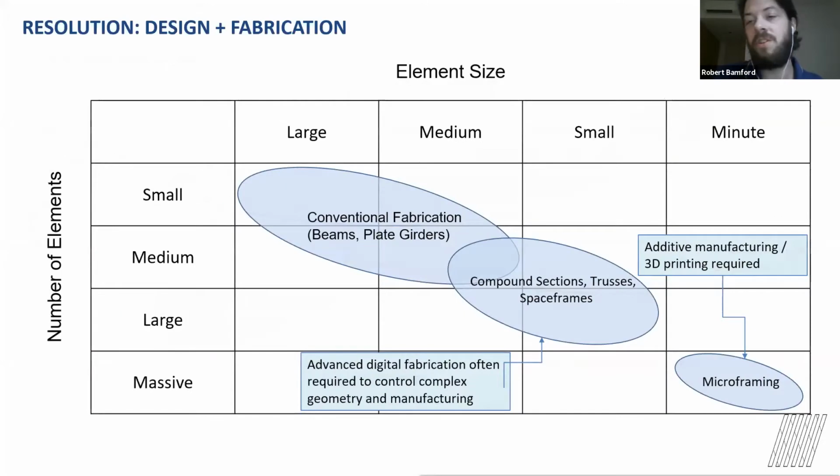Now the conventional materials and section sizes generally dwell up here, the top left, large sections and small numbers, and down here, small element size and large numbers, is a general limit of available digital fabrication technology. And hopefully, moving into the future where we can get into this microframing zone, we'll continue to yield greater efficiencies and material savings.